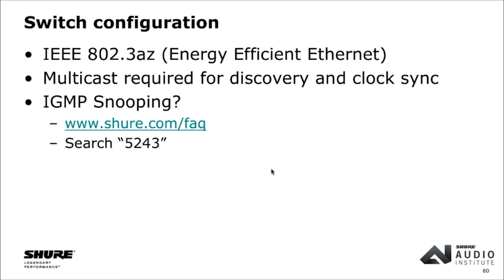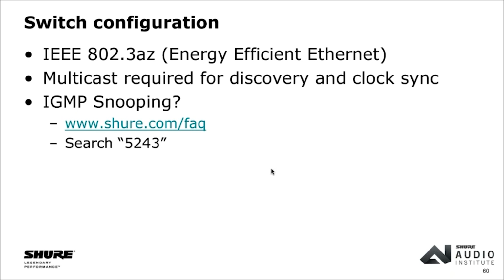This is a feature that a lot of switches have for more efficiently managing multicast traffic. We have an FAQ on this topic. If you search FAQ number 5243, you can read all about it and what it means. But the important thing to note, at a very high level, is if you're on your own little self-contained network and you're not dealing with the IT department and your switch has IGMP snooping as a feature, turn it off. If you're on a larger network, you don't have that choice and you're consulting with the IT department.